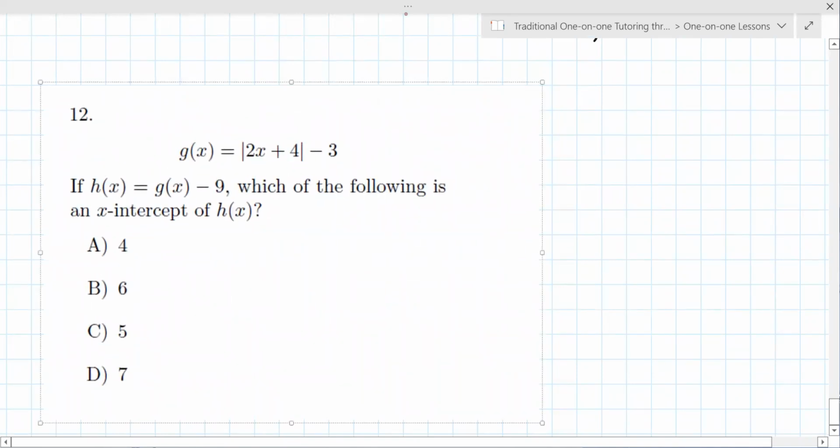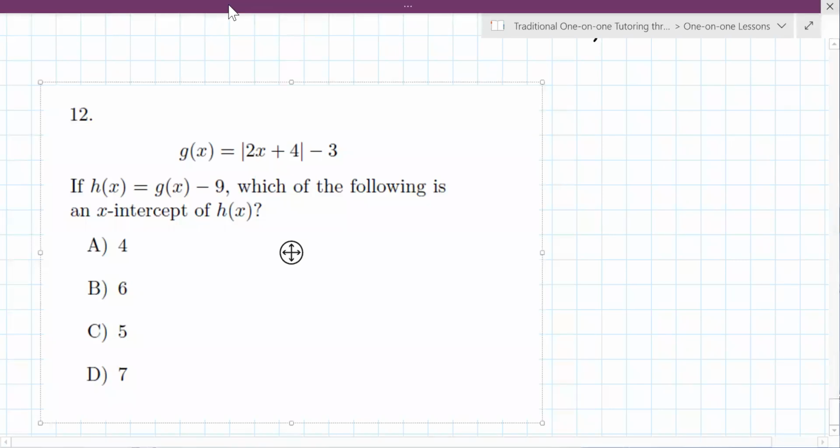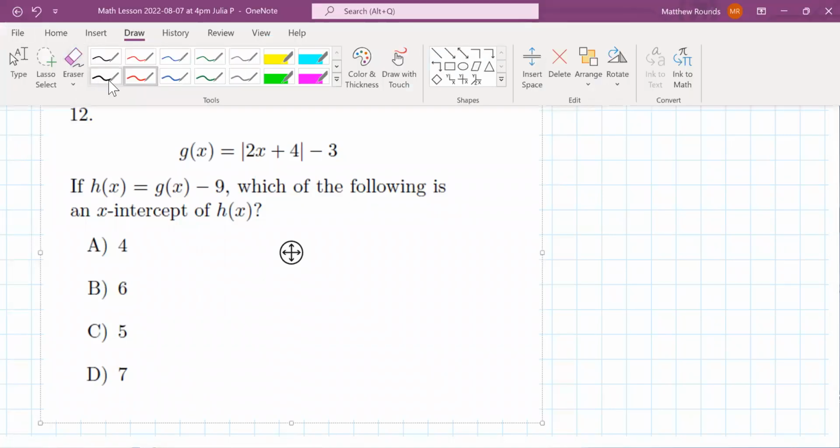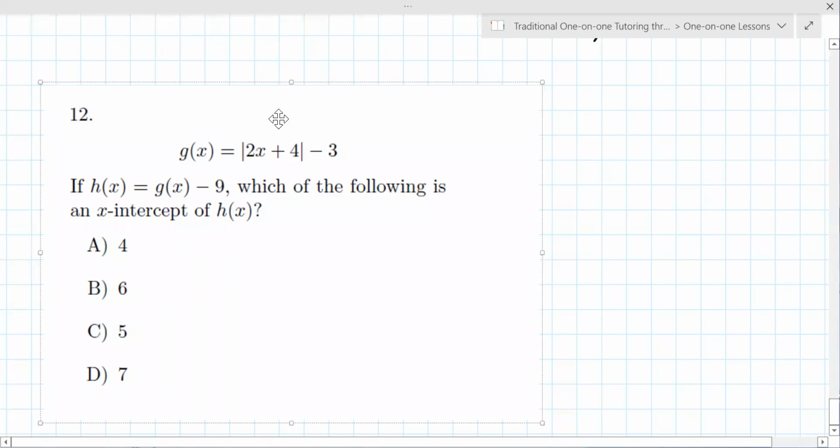So it says g of x is absolute value of 2x plus 4 minus 2. That doesn't look too bad. If h of x equals g of x minus 9, all we're saying is you'd have to take this function and move it down. But let's think about what the graph of this looks like for a moment. 2x plus 4, minus 3.